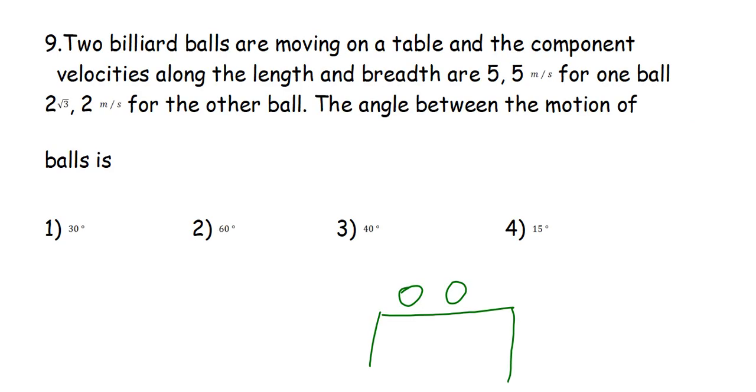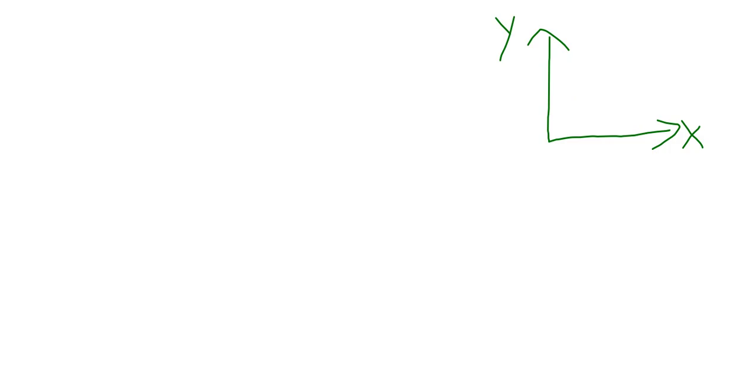The first ball has velocity along the length 5 root 3 and along the breadth 5 meters per second. This is the velocity of the first ball.